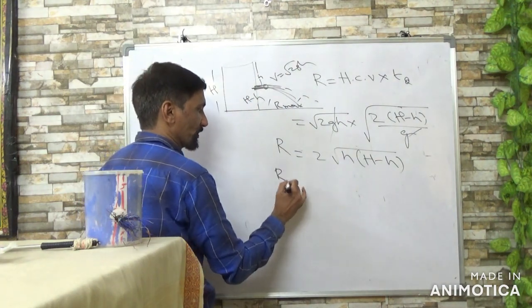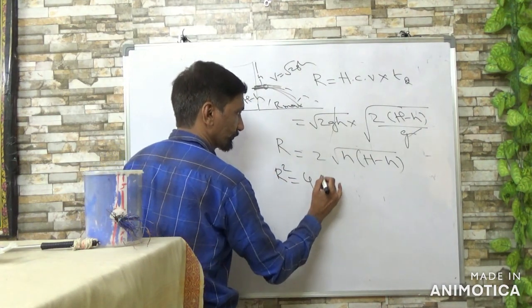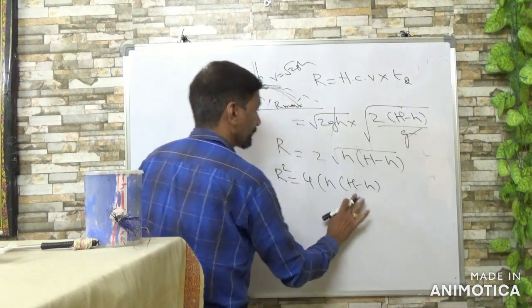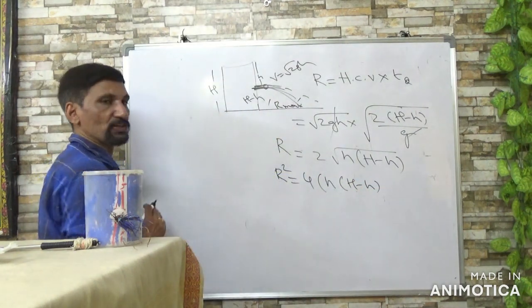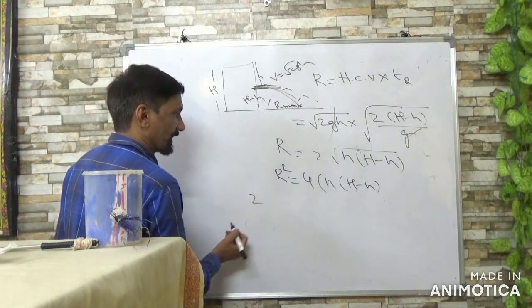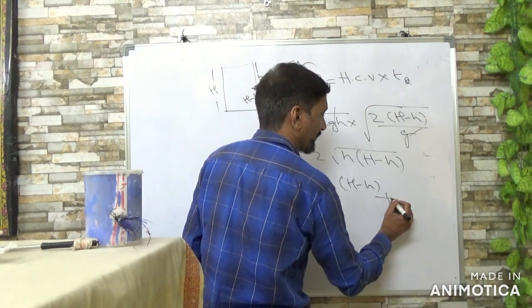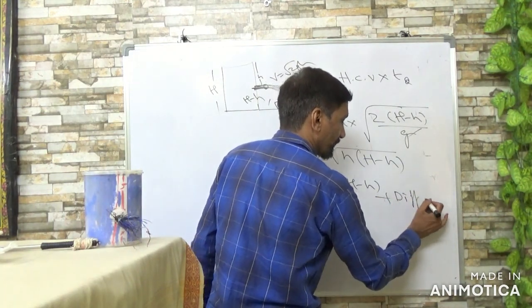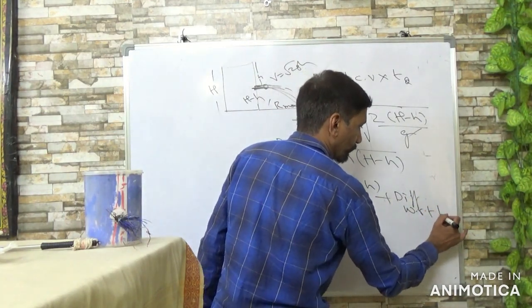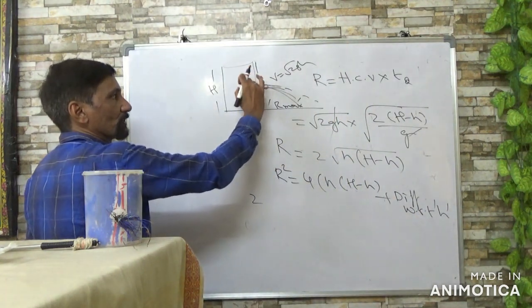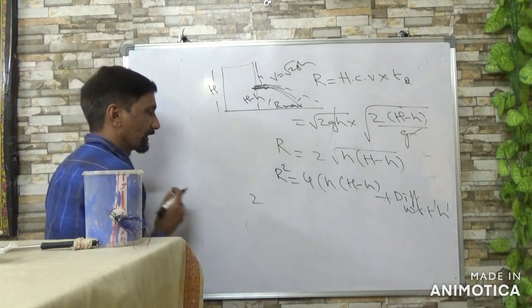Squaring on both sides, now you differentiate on both sides with respect to height, because you want to find the position at which the tap is to be connected.